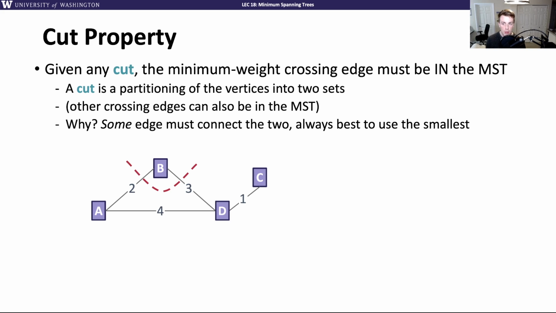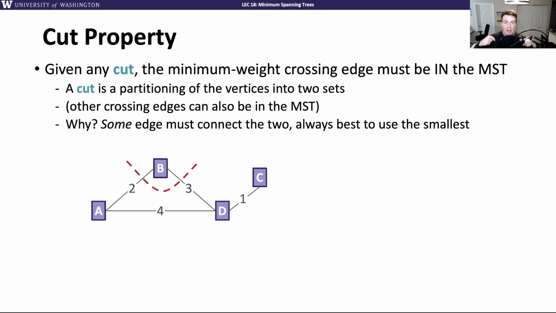Why is that? Well, we're going to need some edge to connect the two cuts, right? Why? Because the graph needs to be connected, right? We have this set of nodes and this set of nodes. We need at least one edge to cross the cut to bridge them together.